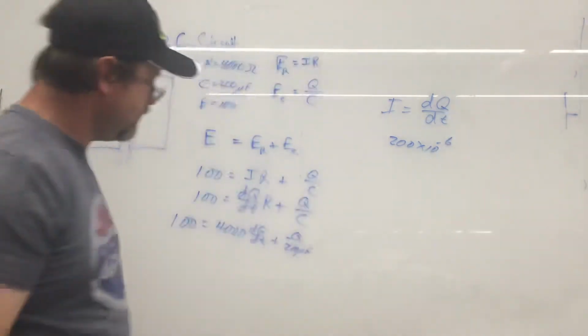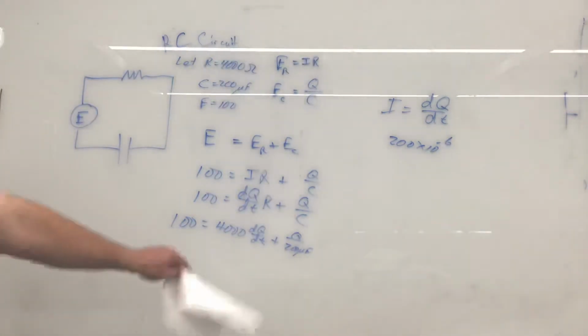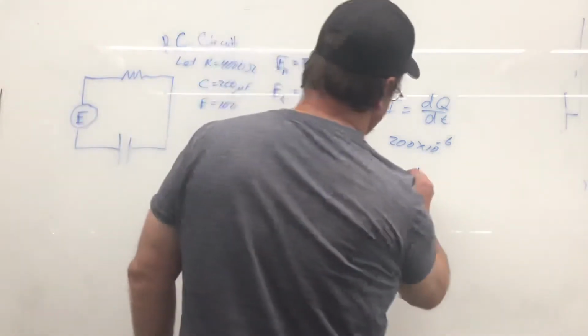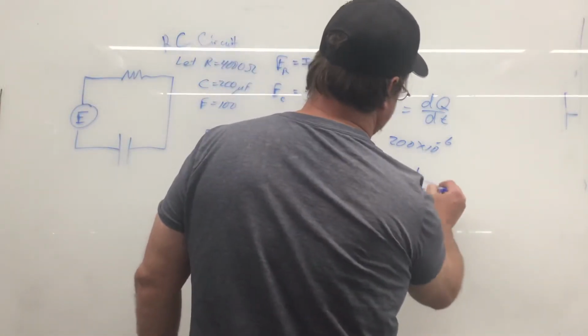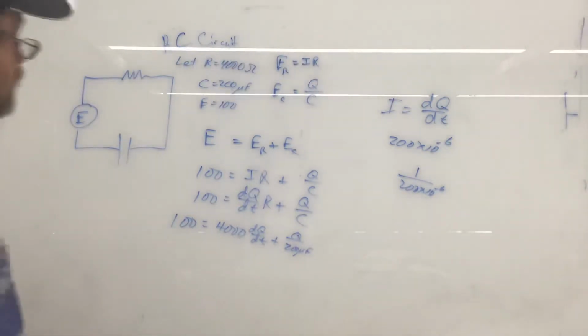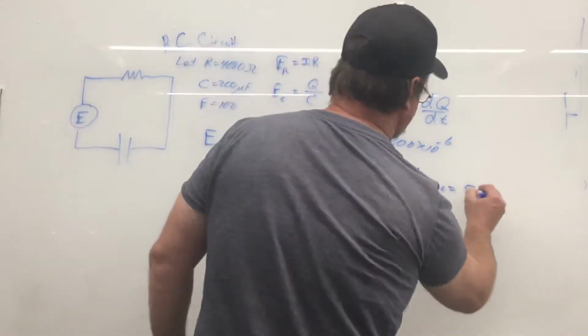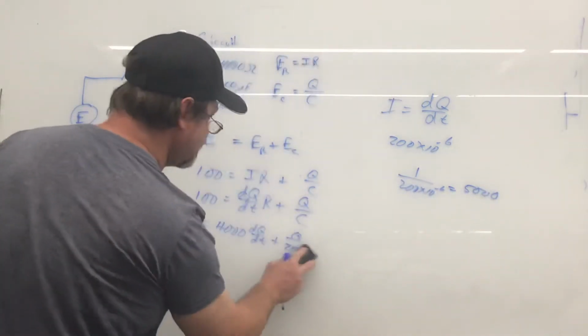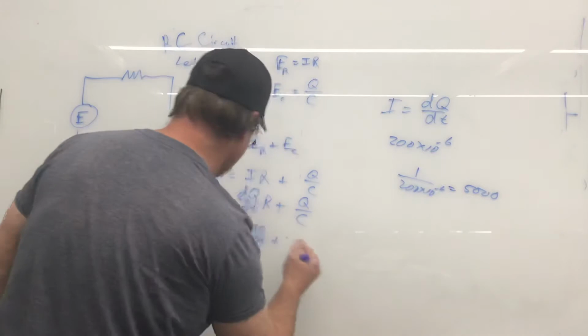I'm not terribly happy about having a denominator anyway, but I don't need one. If I go 1 over that, 1 over 200 times 10 to the minus 6, that will give me 5,000. So that term right there, instead of being a fraction, can just be 5,000 Q.